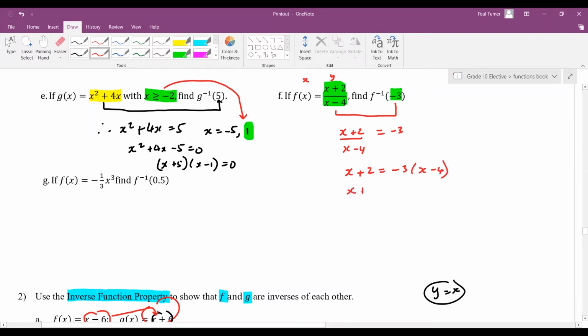Expand here: -3x plus 12. This will be 4x equals 10. X will be 5 on 2. So in this case, we found the value of x which will make this an inverse. Okay, so I should highlight that. So if x is 5 on 2, put 5 on 2 here, 5 on 2 here, then we'll have a correct statement for the inverse. All right, so that's how you do those.